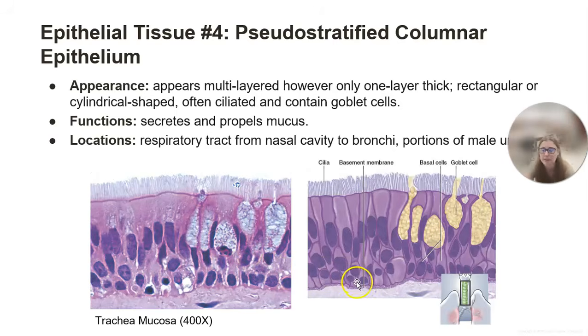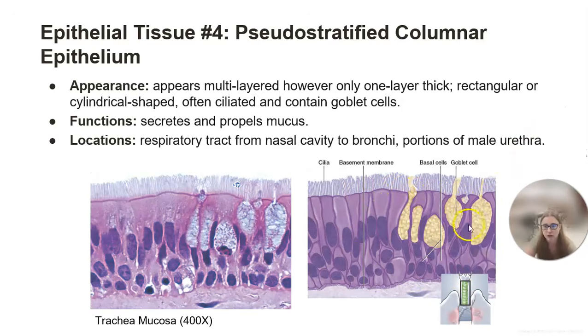We can appreciate this a little better in the drawing where we have the different plasma membranes, the different cell membranes indicated. But here you can see that in this tissue, all of the cells are smushed. There is some basal surface to each of these cells that's attached to the basement membrane, but not all of these cells are going to have an apical surface that actually touches the lumen.